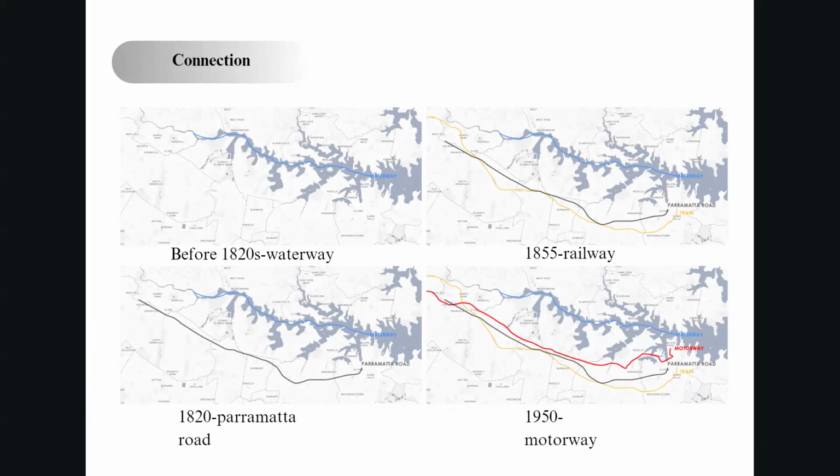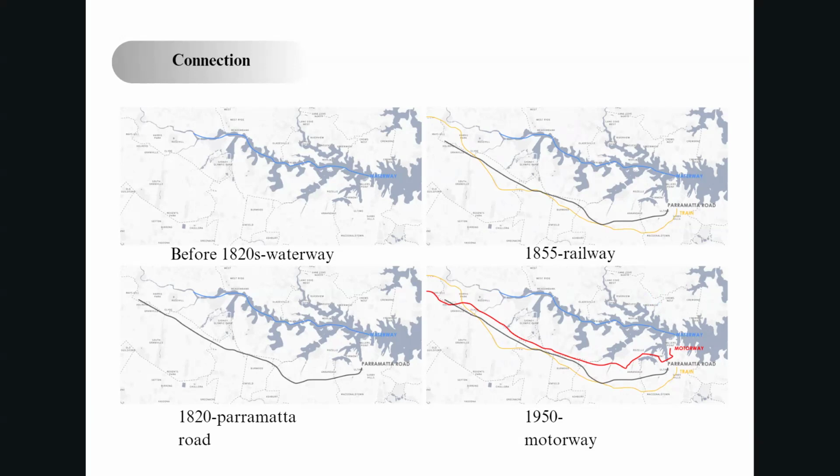The railway system, introduced by 1855, shown in yellow, further enhanced accessibility and influenced suburb development. By 1950, the motorway system, in red, marked a shift towards efficient road transport, reflecting the region's evolving transport modes.